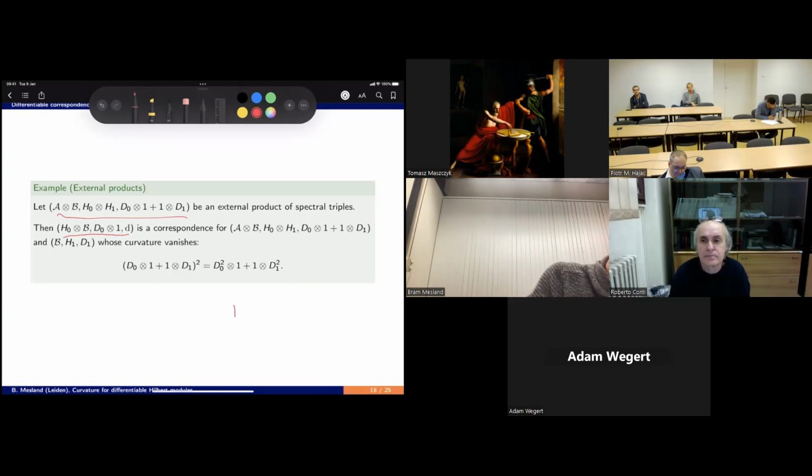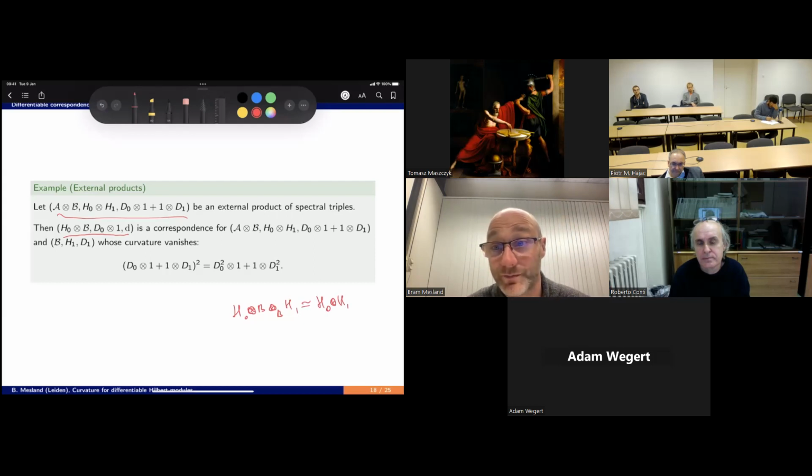Why is that? Well, if I have H0 tensor B and I take balanced tensor product over B with H1, then that is the same as the unbalanced tensor product of the Hilbert spaces. So the B just disappears from the setup. And so I can view this external tensor product as an internal tensor product in this way.